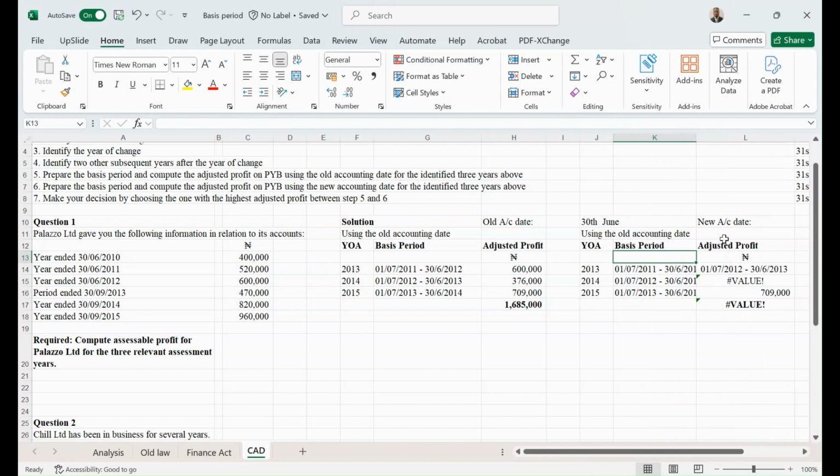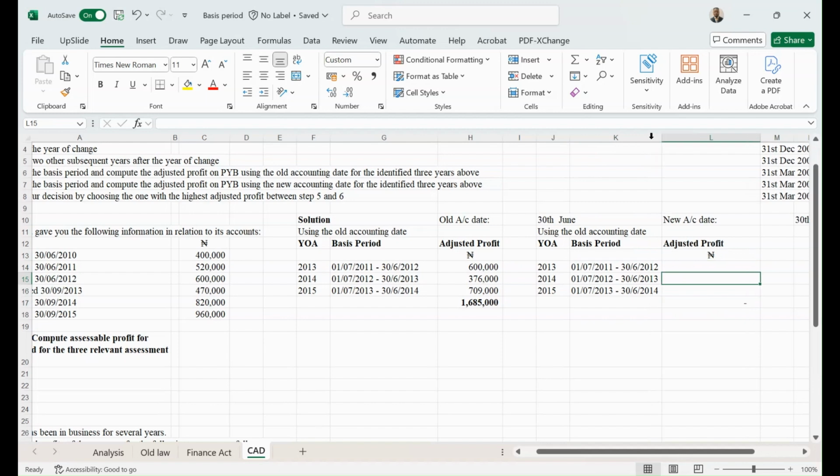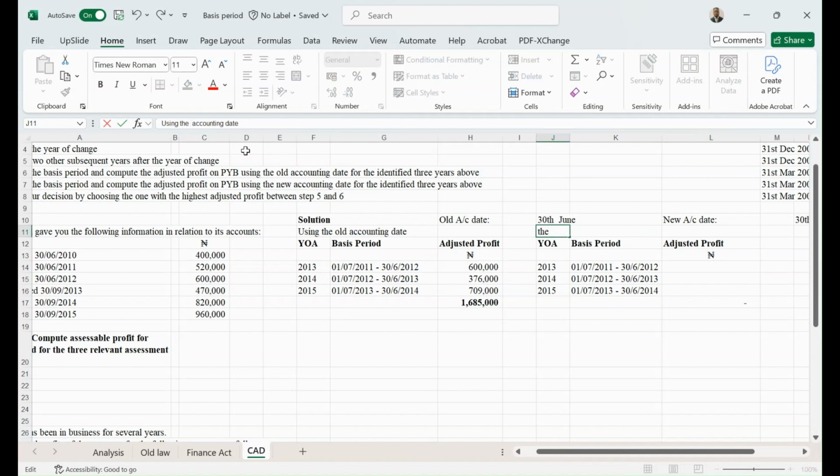Okay, the new accounting dates. Now, for the new accounting date, let me just change this. It is also the same step. The new accounting date is now September. So I'll change this to September, ending 2012, but must have started from October.